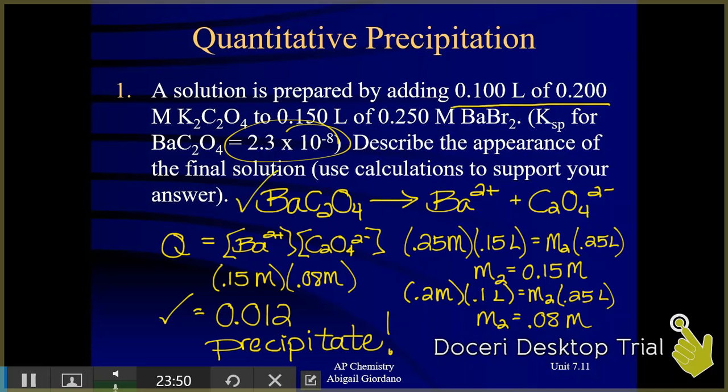Start here. Write out the reaction for how it breaks down. Write out your Q expression, and then do your M1V1 equals M2V2 to find the molarities of each one. And I'm going to give you a chance to practice with that in just a second.